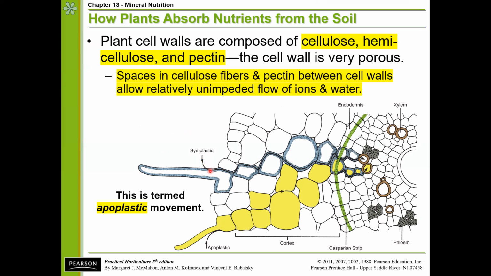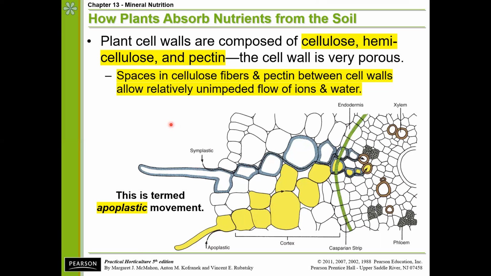We've got symplastic, which is kind of within a membrane, and apoplastic, which is kind of between membranes. And different nutrients move differently, but generally they're either moving symplastically or apoplastically. The spaces in between these cell walls allow this relatively unimpeded flow of the ions and water to move.